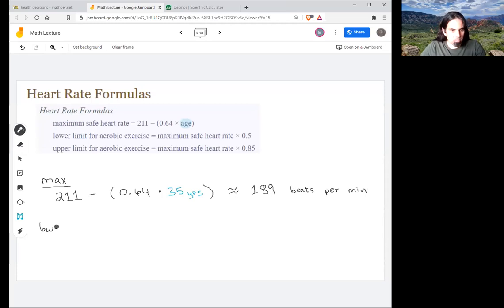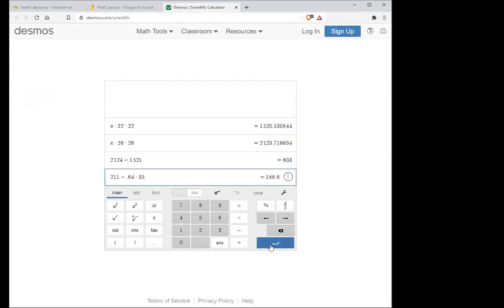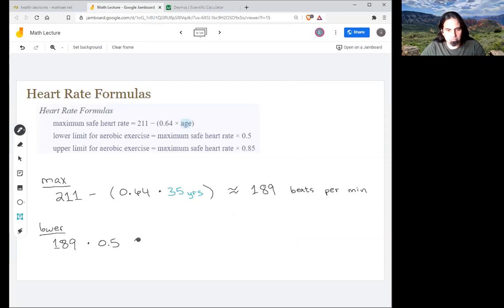So the lower limit. To find the lower limit, you would do the maximum safe heart rate, which is 189, and multiply it by 0.5. So previous answer times 0.5, I get about 94.